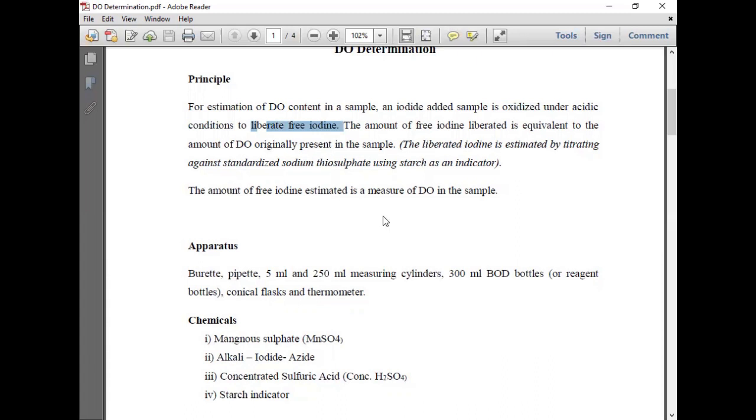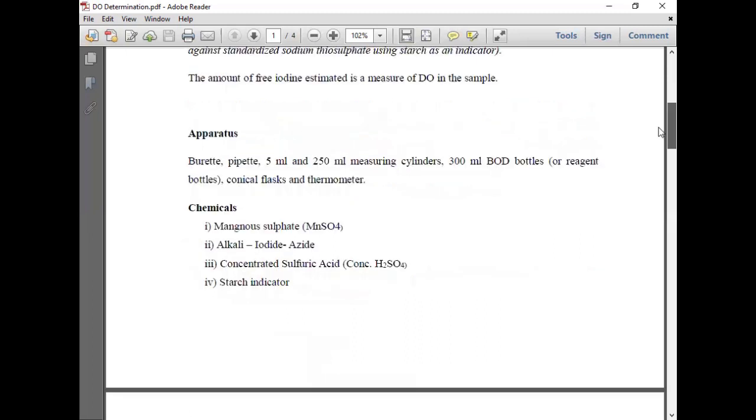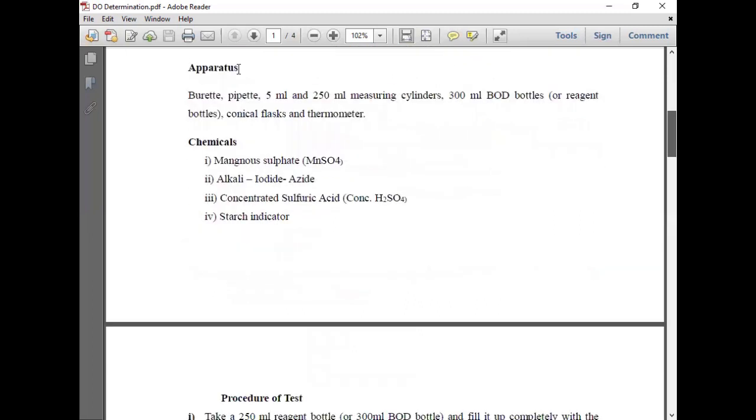We are going to measure this free iodine, and the free iodine measured is nothing but the DO in the sample. The free iodine that is getting liberated, we are going to measure with the help of the titrant called sodium thiosulfate, and with that titration technique, we are going to find out the DO.